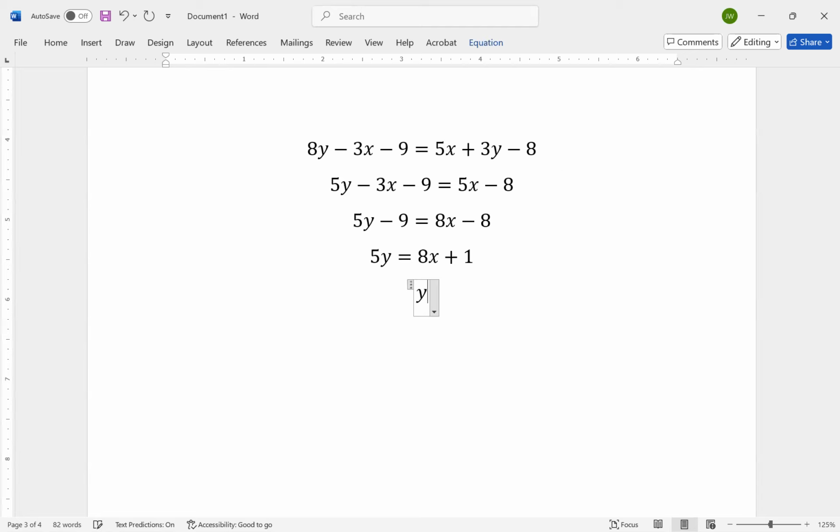So I'd get y is equal to 8/5 times x plus 1/5. Again, we get a positive slope, and therefore the line is increasing as we move left to right because of that positive slope.